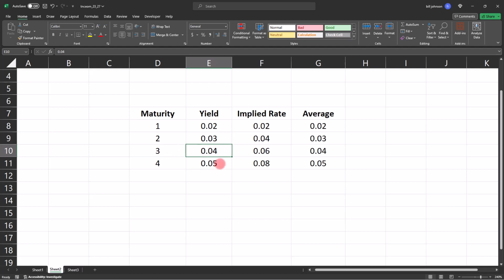And then finally, the market feels that the average 1-year rate will be 5% over the next 4 years. Now, we can also drill down. We could say that if the 1-year rate is 2%, that the market feels this will be the average rate per month over the next year. So it's the same idea no matter which yield that we're looking at. It gives us some very key insights.